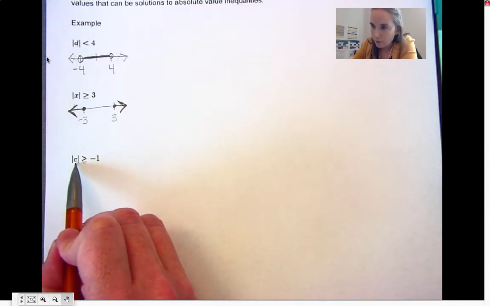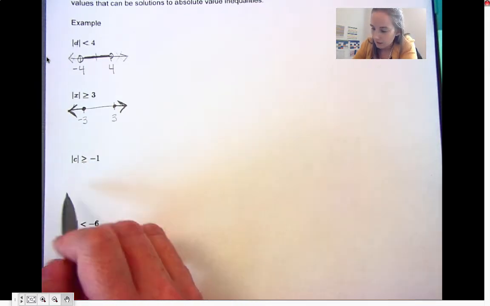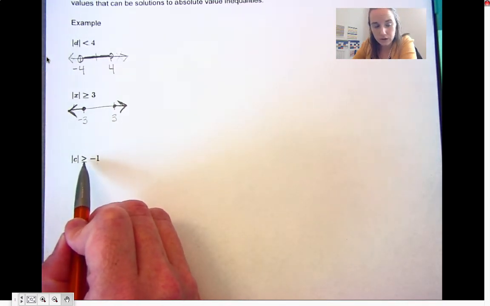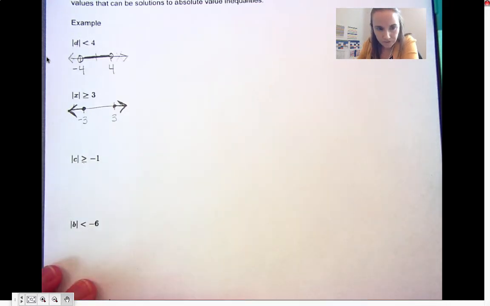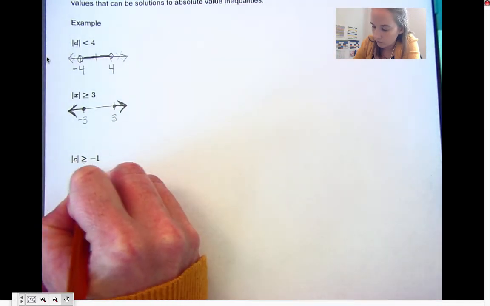So if I put in a value 6, and I took the absolute value of 6, that will be greater than a negative 1. If I put in a negative 2, the absolute value will always be greater than negative 1. So this has infinite solutions. All real numbers work.